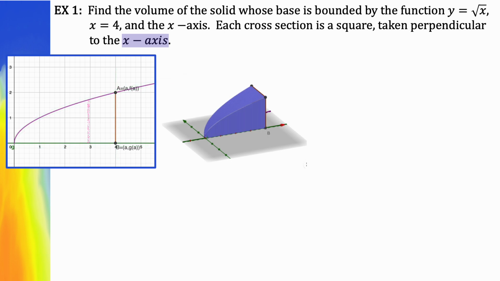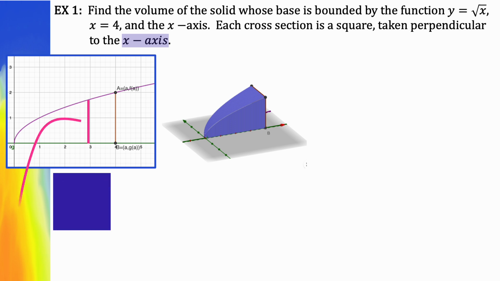So to begin this, I'm going to draw that pink line right there. And that pink line is the bottom of a square that's sticking up out of the paper at me. Now, the height of that pink line is the square root of x, because that's the height of the function there, which means the bottom of my square is also the square root of x.